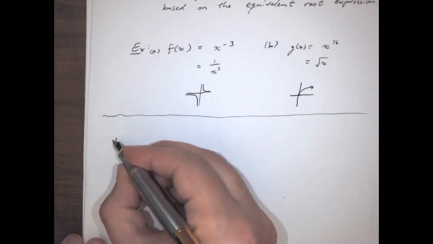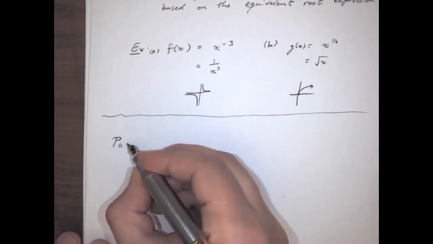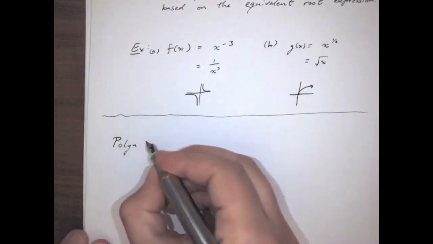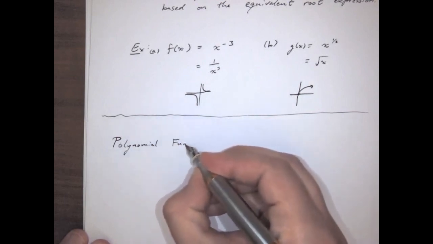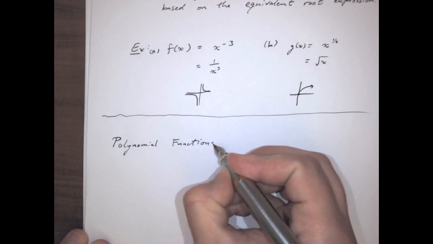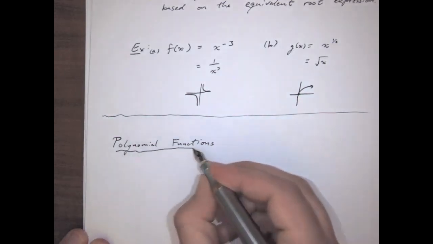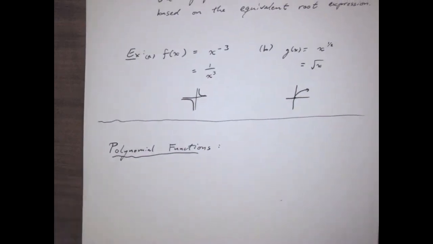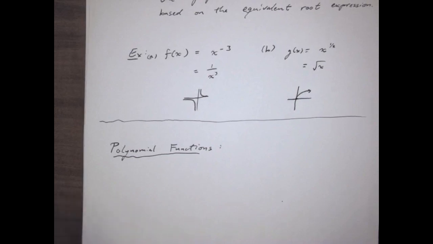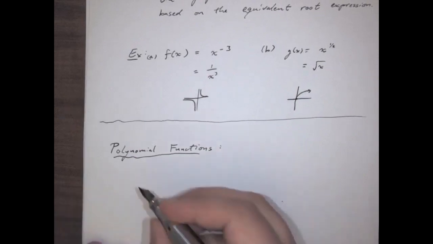But now we're going to talk about the other main category that this section is about, and that's polynomial functions. What these are made of are terms, each of which is a power function, each of whose powers is a non-negative integer.